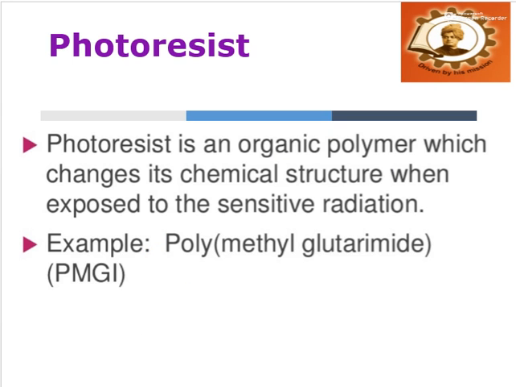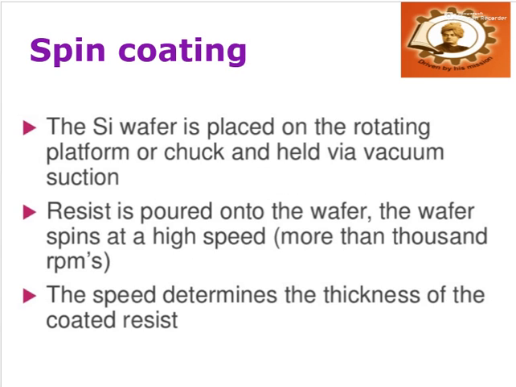So photoresist is basically an organic polymer which changes its chemical structure when exposed to some sensitive radiation, for example poly(methyl glutarimide), PMGI. For photolithography, the first step is spin coating.